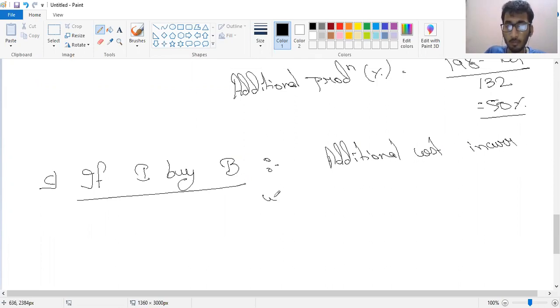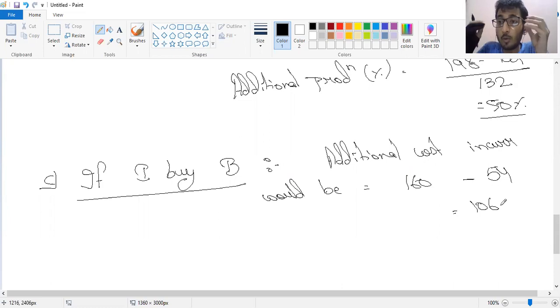If I buy B, my additional cost incurred in buying B would be 160, which is the new cost, minus 54. So I can say 106. 106 rupees would be my additional cost, which I'll pay to buy the product B.